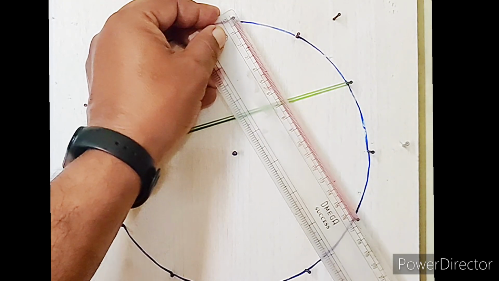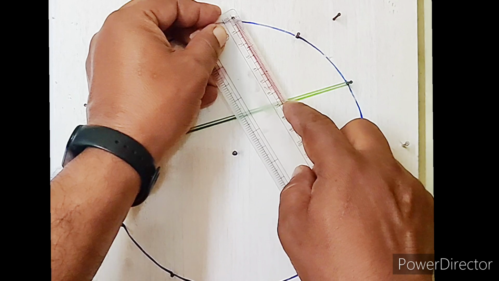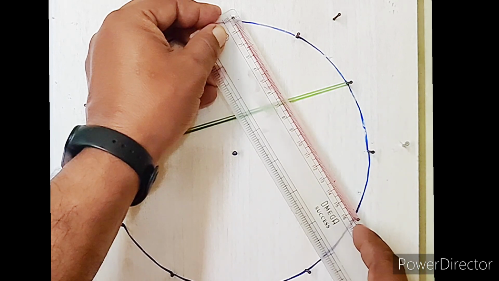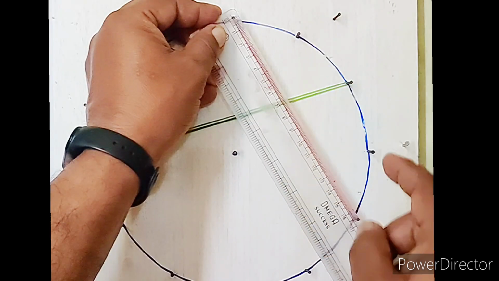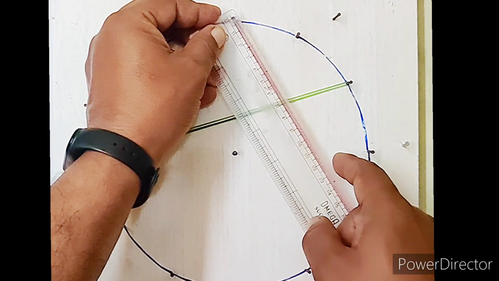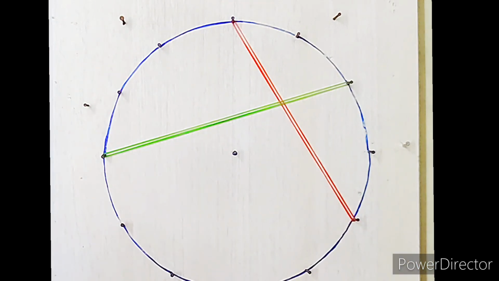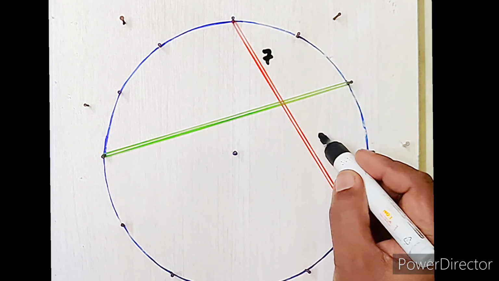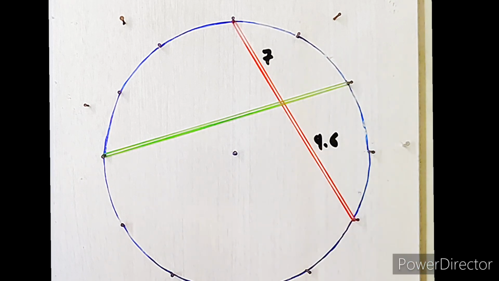What I get here, it is coming at nearly 7 over here, and here it is coming to 16.6. So it means that this is 7 and till here it is 16.6. So it will be coming here as 9.6. If I write that value here, this is 7 centimeter and this is 9.6.